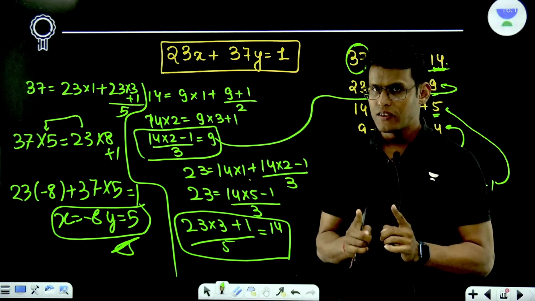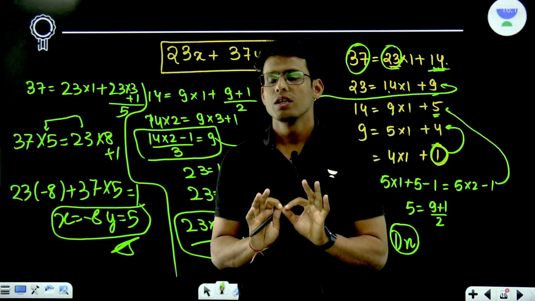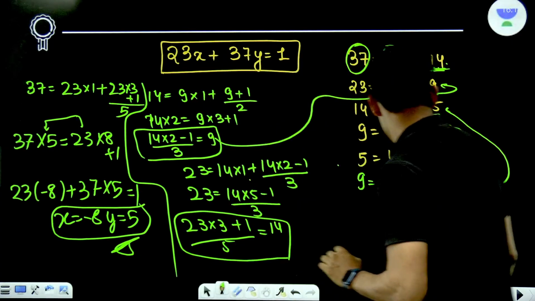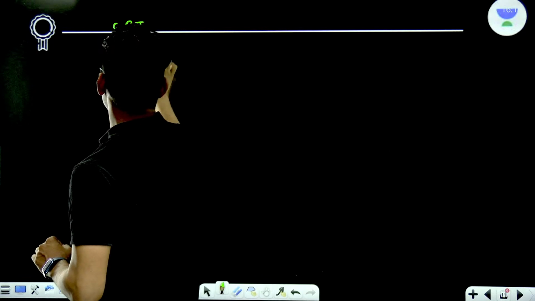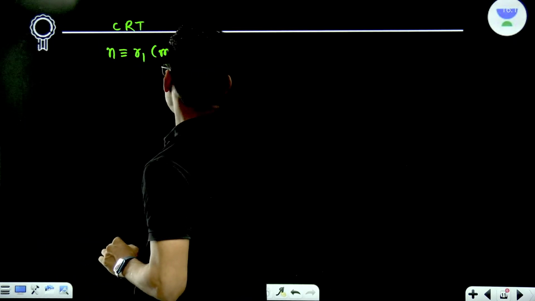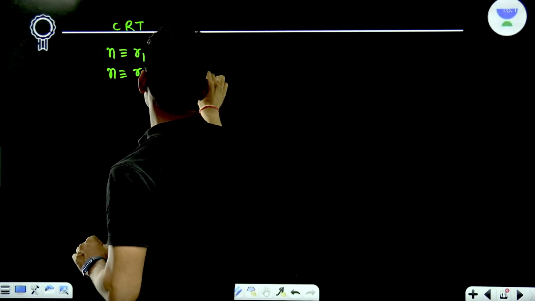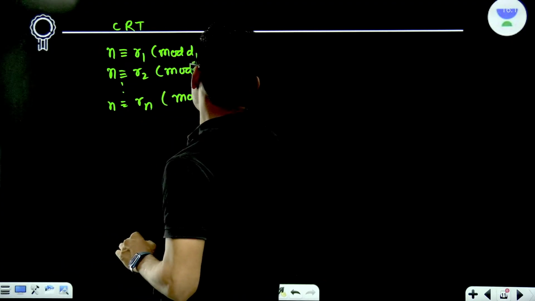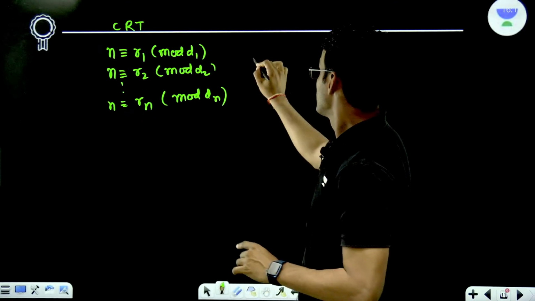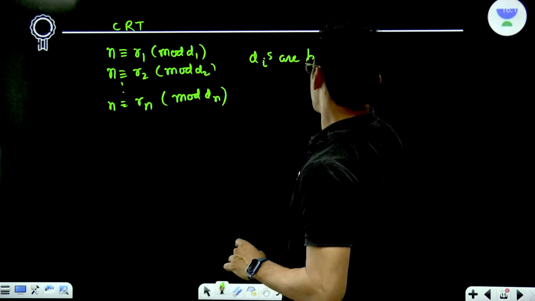Now after this, we can write the statement of CRT. What does CRT say? If n is congruent to remainder R1 mod divisor D1, n is congruent to R2 mod D2, and so on till Rn mod Dn, and then there is a condition: the Di's are pairwise co-prime.